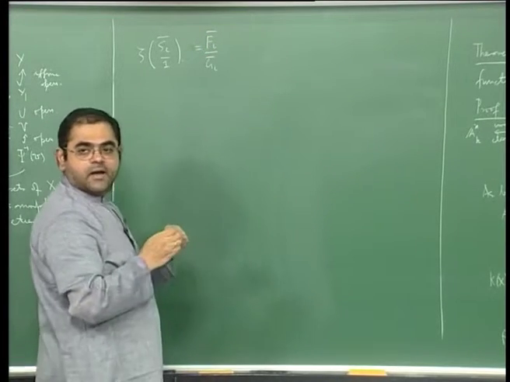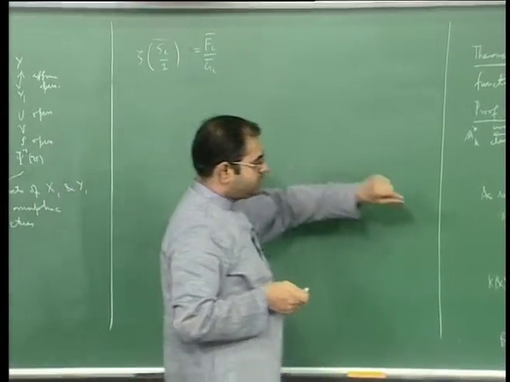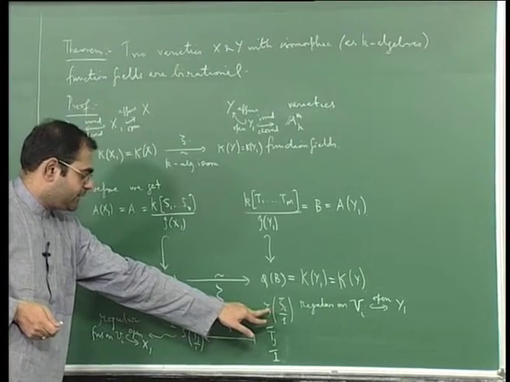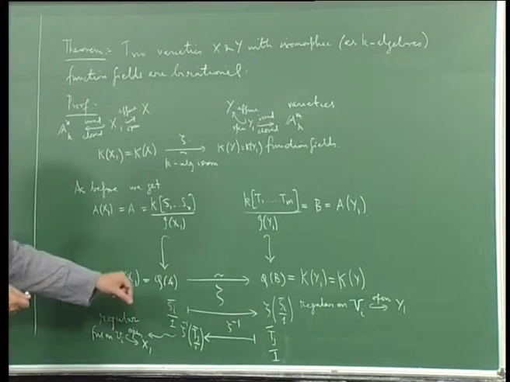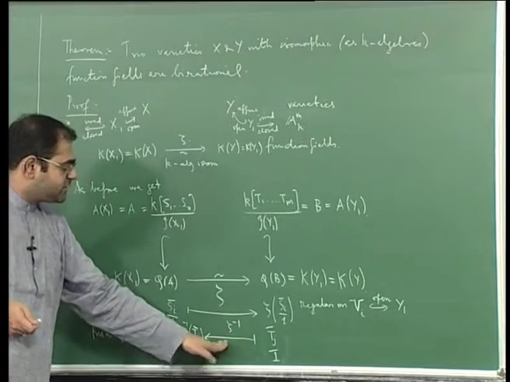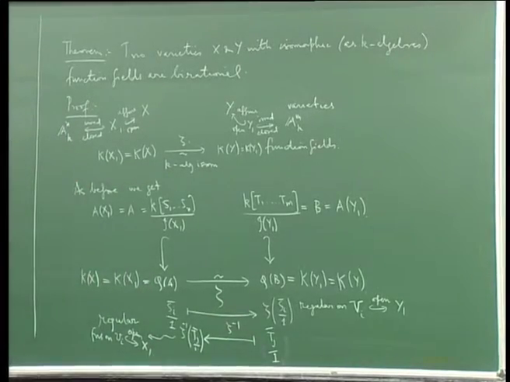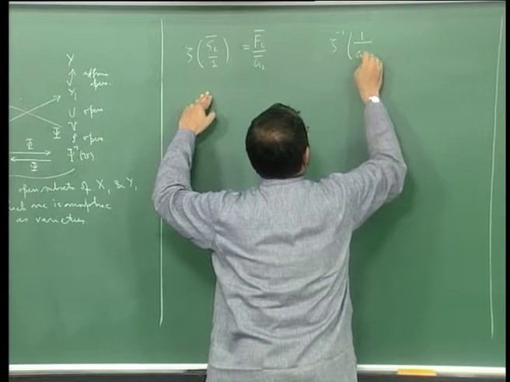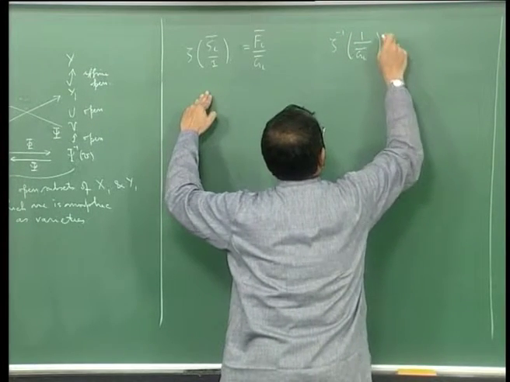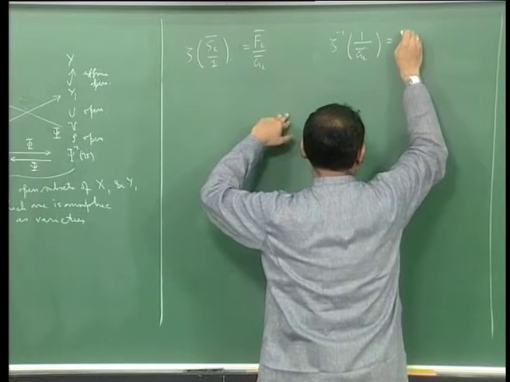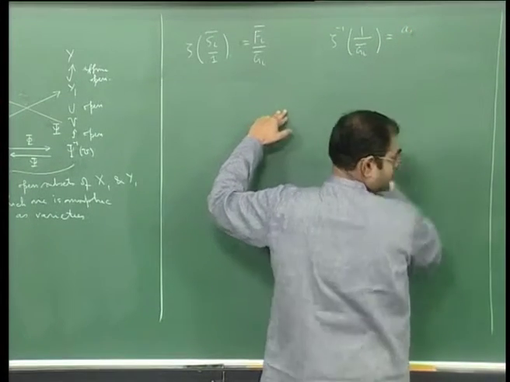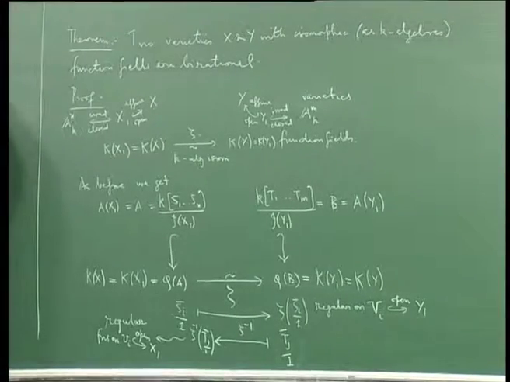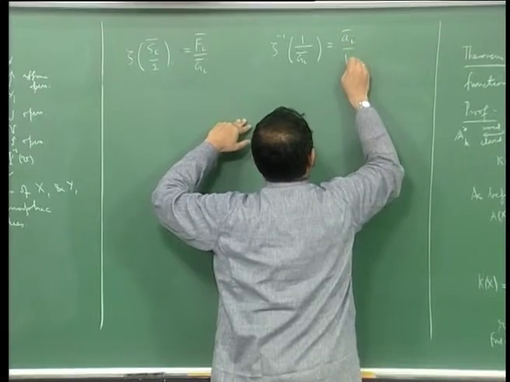And if you apply zeta inverse to 1 by Gi bar, I will get some Ai bar by Bi bar.